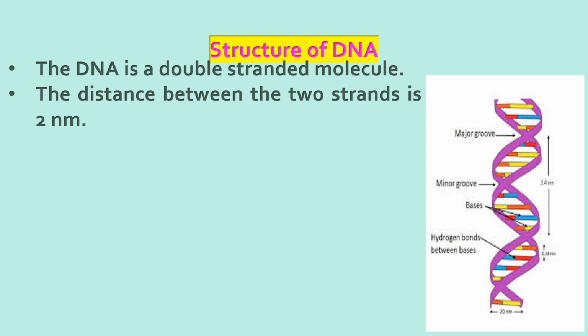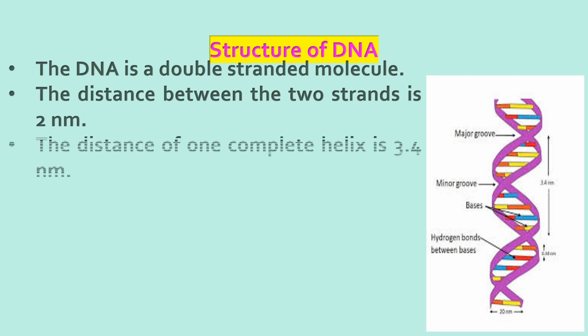The distance of one helix turn is 3.4 nanometer. One complete helix runs from this point to this point, and the distance is 3.4 nanometer, and the width between the two strands is 2 nanometer.